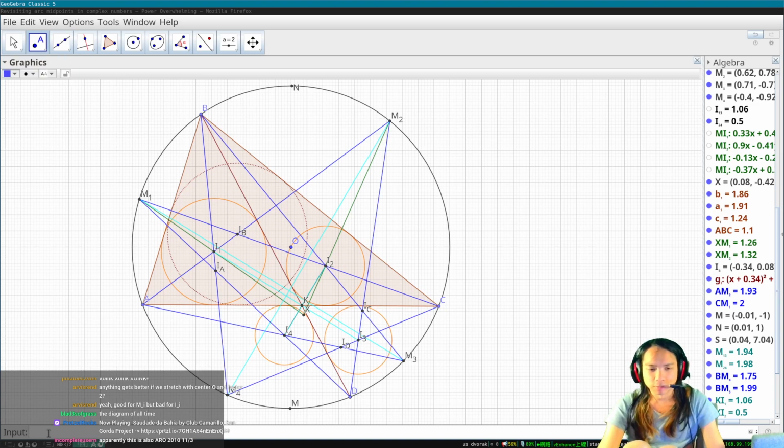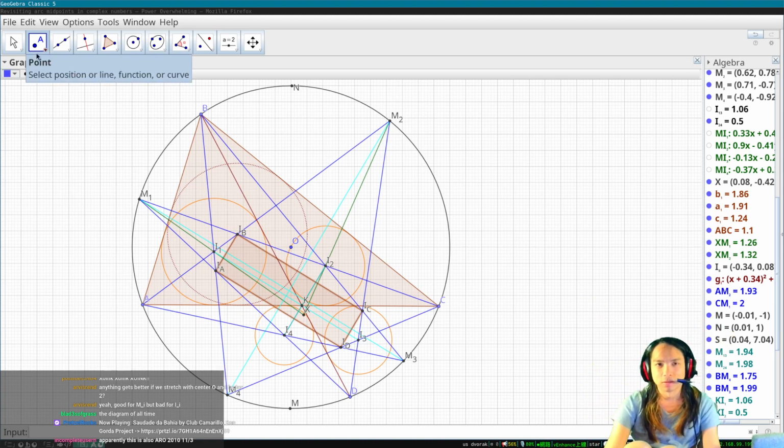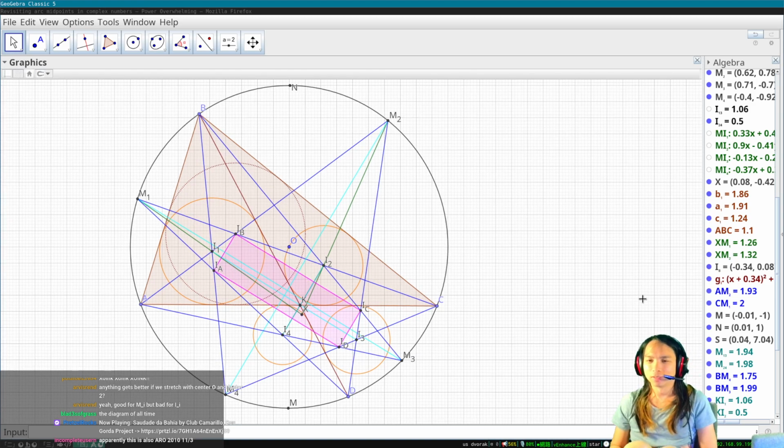Okay, so the Japanese theorem promises that IA, IB, IC, ID is a rectangle. And in fact, it's a good rectangle because everything's parallel. So there's 3 different lines going in this way, and then 3 different lines going in this way. This is all Russia 2010 11.3. Oh god. The fact that it's not Russia 4 makes me a little more hopeful that something dumb like this might work.